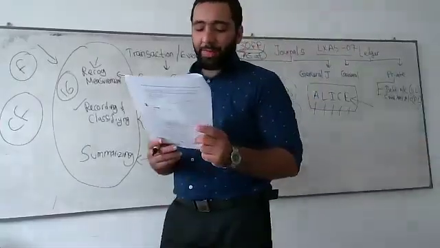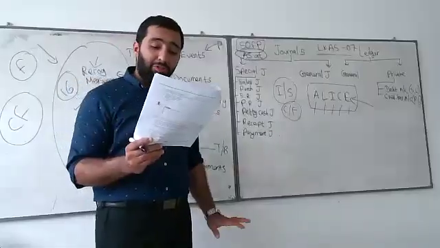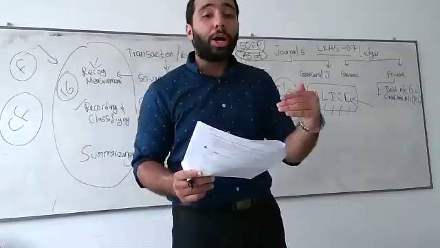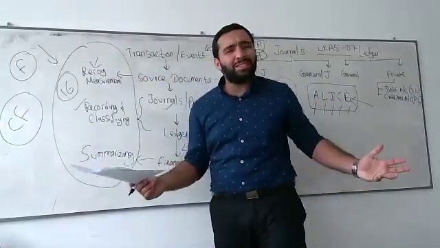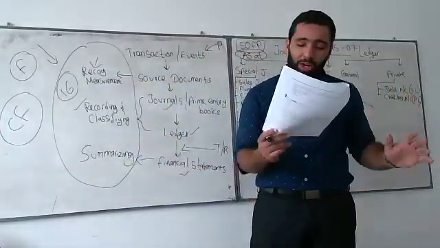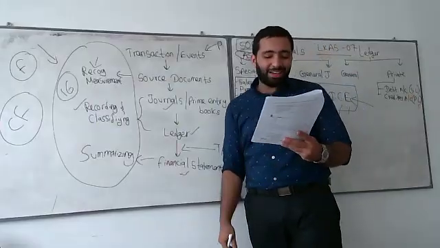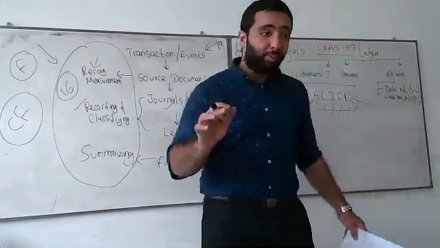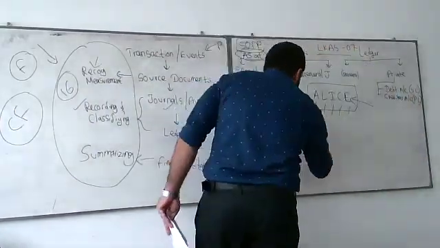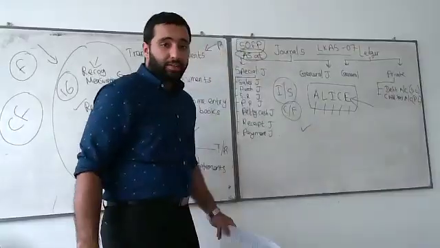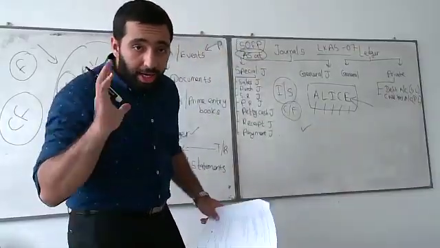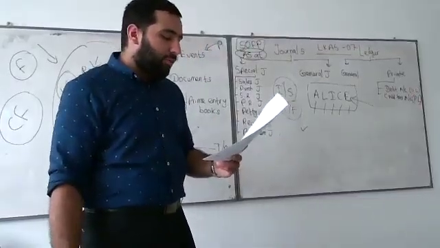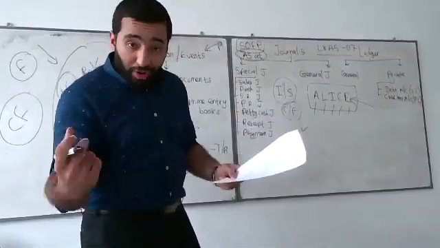State whether the following statements about general purpose financial statements prepared by a business are true or false. What is general purpose? Financial accounting. Are these statements prepared in compliance with accounting standards? Yes, always prepared on the accounting standards. Prepared primarily for the use of resource providers of the business.